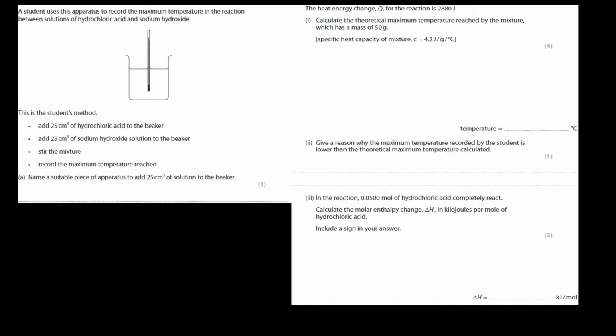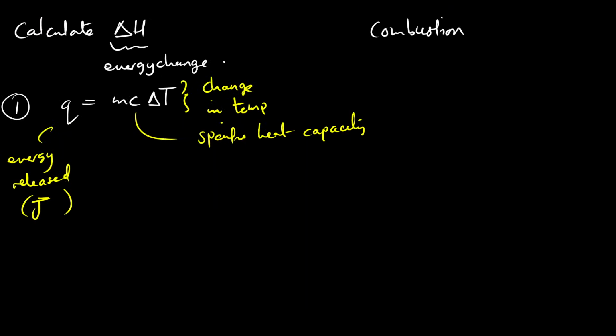And typically, based on this question here, they'll give it in that format. Sometimes I see it in kilojoules, but it's 4.2 joules per gram per degree Celsius.